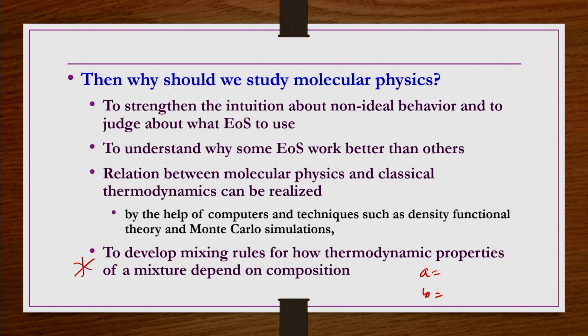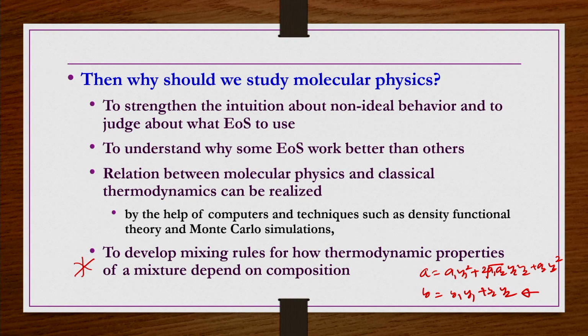So, A and B are required for the mixture, which are in general not available for any binary mixture. These constants A and B are available only for individual pure gases. These kinds of mixing rules we have also seen. So, if you wanted to develop them, then you also need to know a few basics of molecular physics.